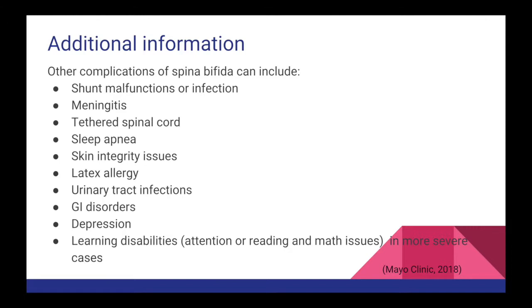Pressure sores can become a big issue. Another common associated allergy is latex in children with spina bifida. As they get older, urinary tract infections can also become an issue, GI disorders, depression, and with more severe cases of spina bifida, learning disabilities can also be present.